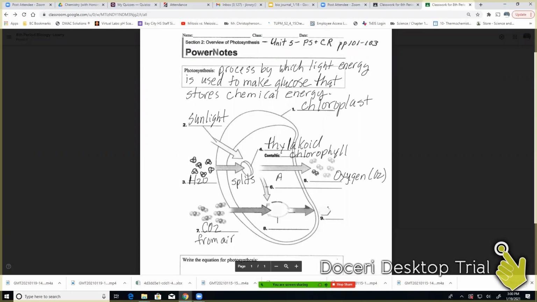This is where we would have our ATP and our NADPH plus my H plus ion. And those two things, that NADPH plus my H plus, those are energy carrying molecules.